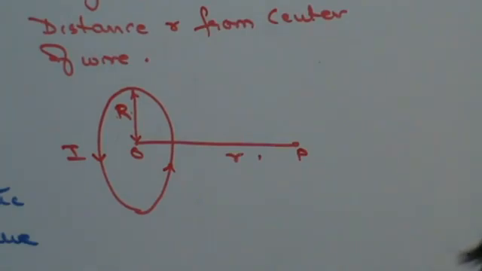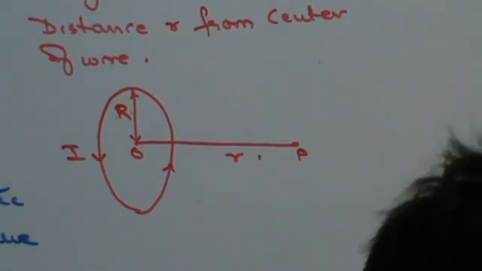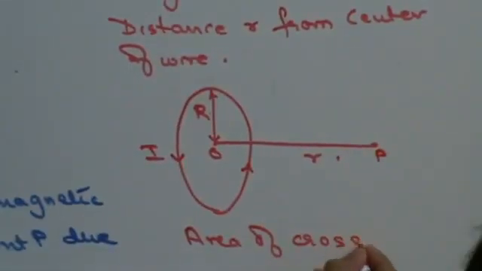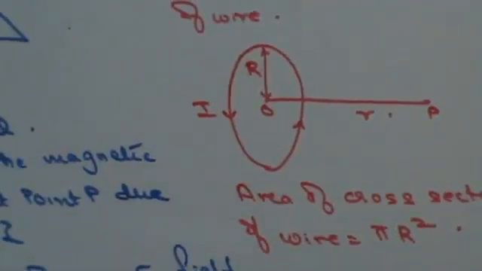Now I can say that the area of cross section of the wire is going to be nothing but pi r square. That is going to be the area of the wire.